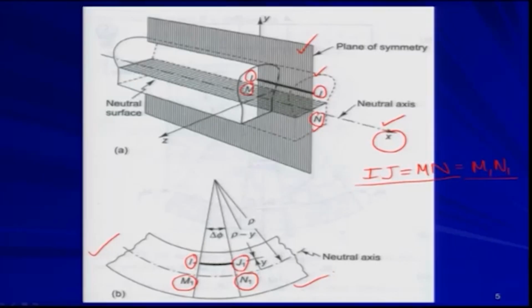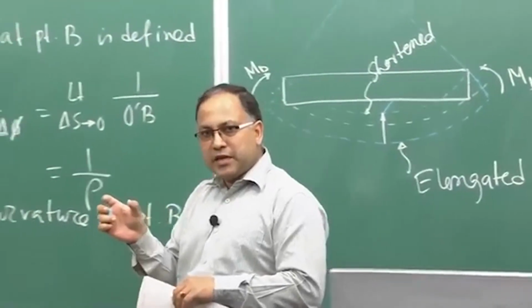Okay. So, the radius of the curvature is say rho, fine, and this fiber I1 J1 is lying at some rho minus y distance, okay, from the center. So, this is the center of the arc, fine. So, this distance is say y, that is given here, okay, fine. So, what I can write is epsilon x equal to, and this contraction in the ij fiber is happening in the x direction.